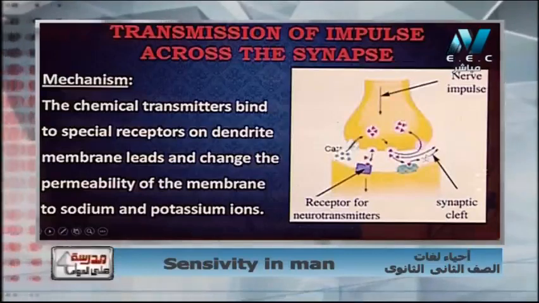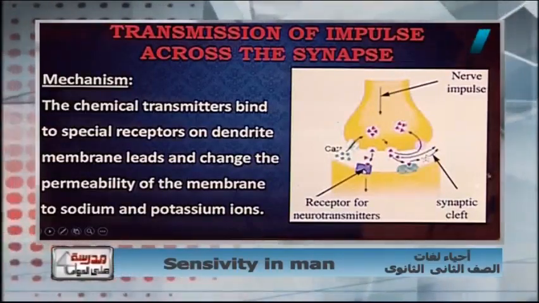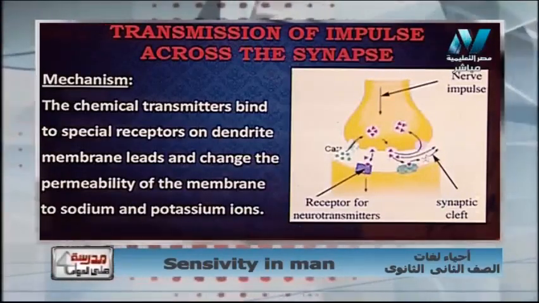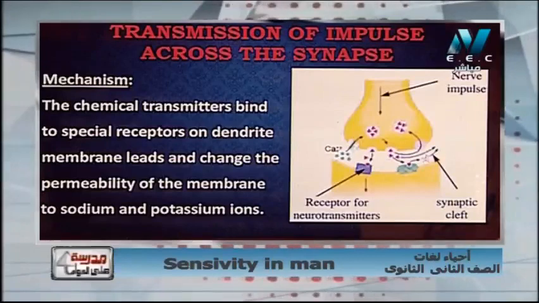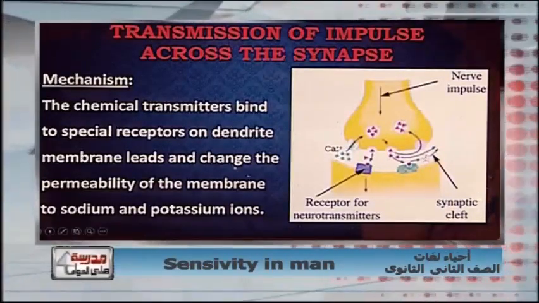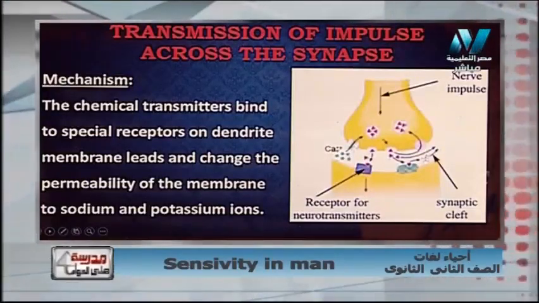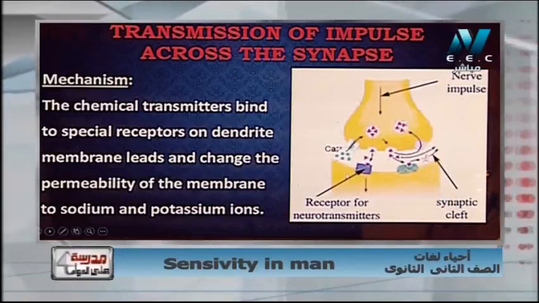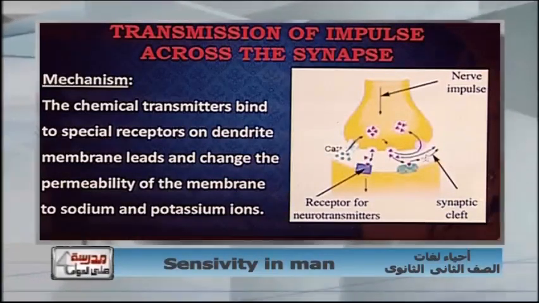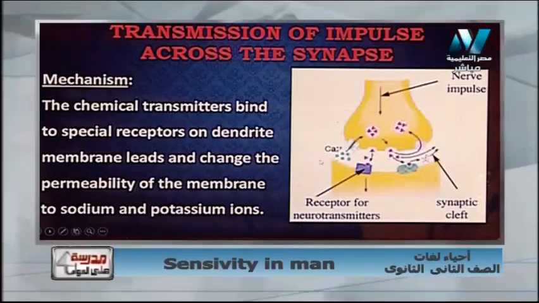Once the chemical transmitters bind to special receptors on the dendrite's membrane, this changes the permeability of the membrane, and the membrane allows them to enter the dendrites. And the membrane, of course, becomes permeable to sodium and potassium ions, as we explained before during the transmission of impulse across the fiber.